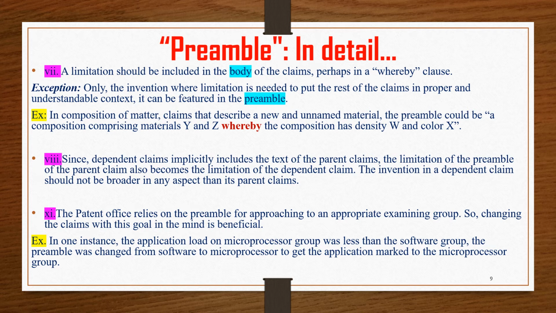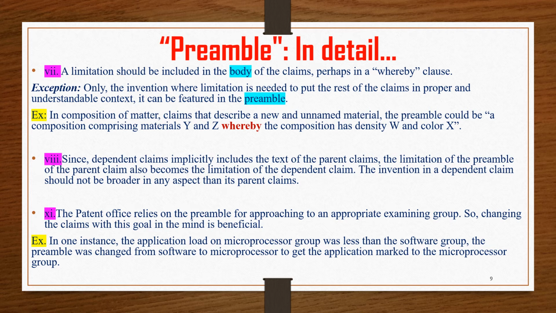Fine. Point number 9. The patent office relies on the preamble for assigning the application to an appropriate examining group. So, changing the claims with this goal in mind is beneficial. For example, in one instance, the application load on the microprocessor group was less than on the software group. This is just an example.